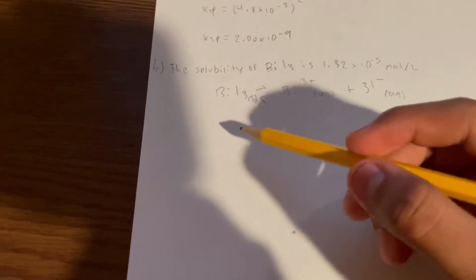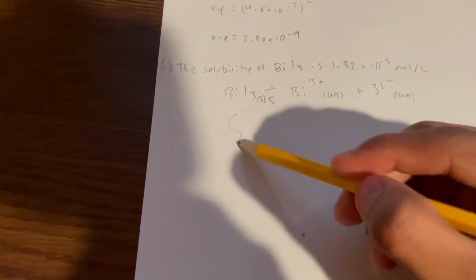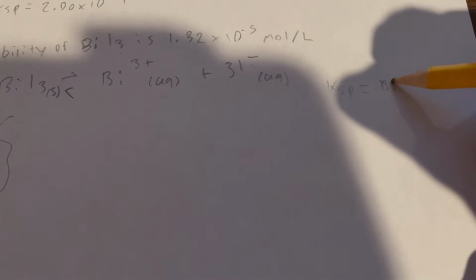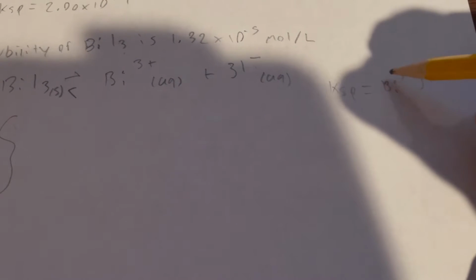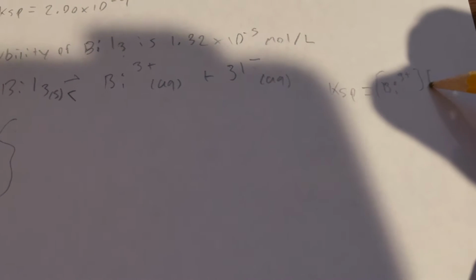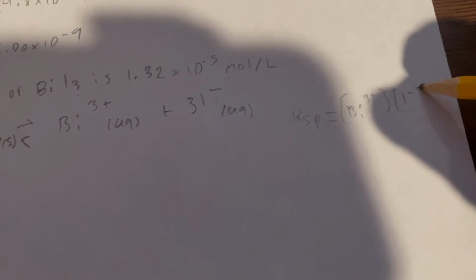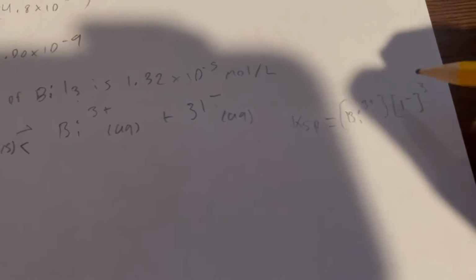Now that we have this, we're going to ignore this side again, and let's write out the Ksp equation, which is Ksp equals [Bi3+] times [I minus] cubed.